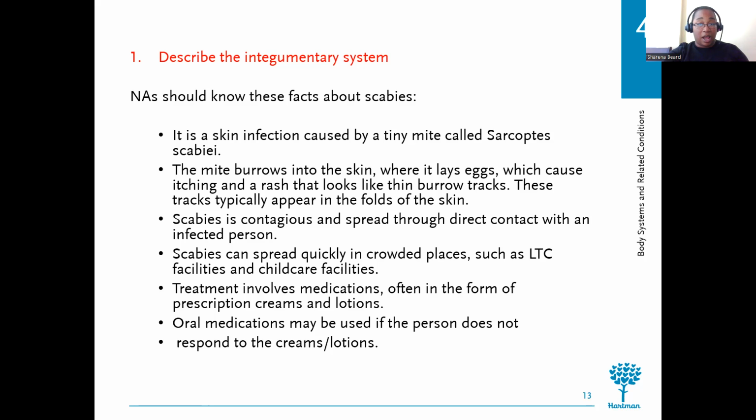Scabies is skin lice. So with the skin lice, it is actually on the skin. I've never seen it crawling. I've only seen somebody have it, but I've never actually seen the mite itself.